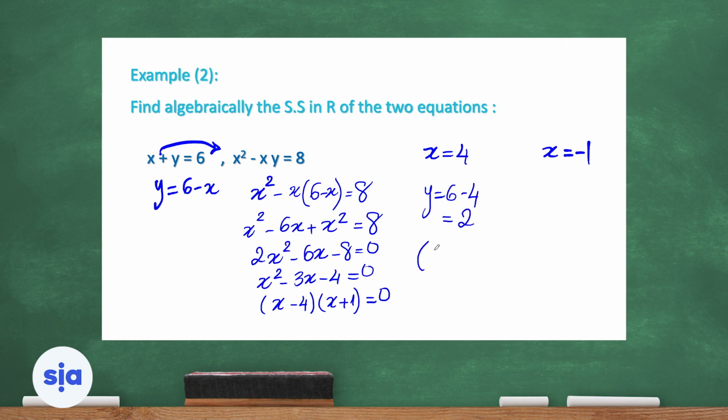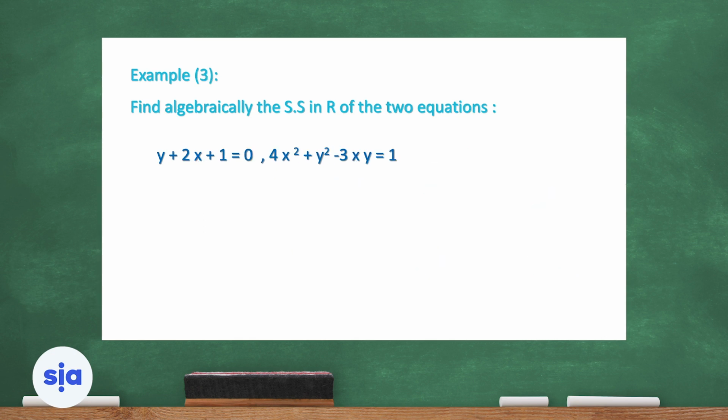So the solution set is 4 for x, where y is 2. And here, if you substitute in y, y equals 6 minus -1, so y equals 7. So the solution set is -1 for x and 7 for y. So the solution set in here is 4 and 2 and -1 and 7.